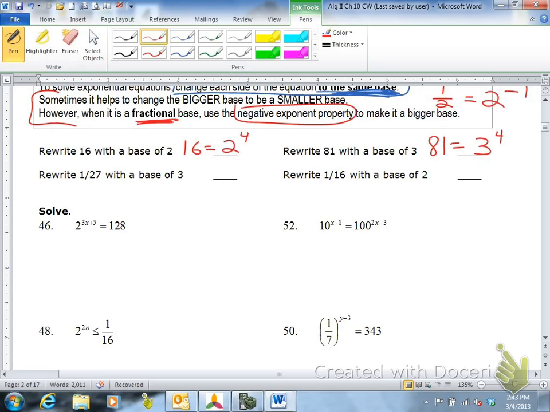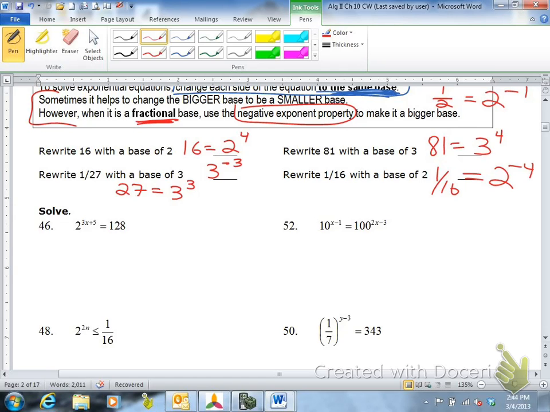The next one, you have a fractional base. So 1/27 with a base of 3. If it were just 27, that would be 3 to the third. But if it's a fraction, it would be 3 to the negative third. Pause this video and see if you can do the next one. So that's the answer: 1/16 equals 2 to the negative 4.